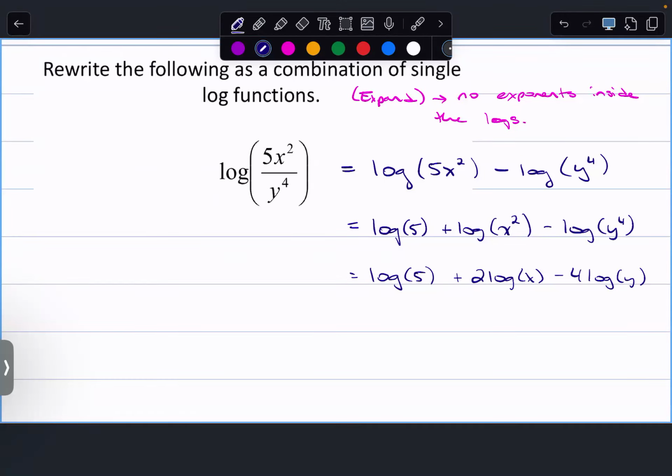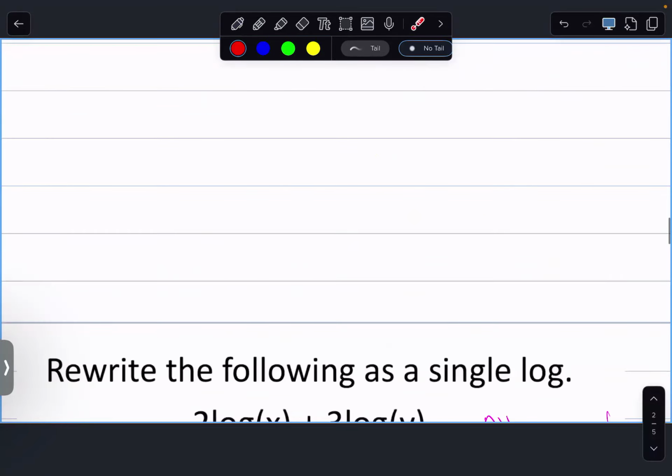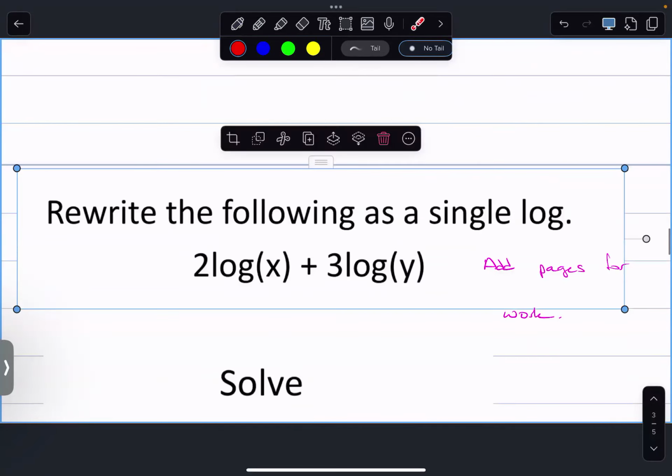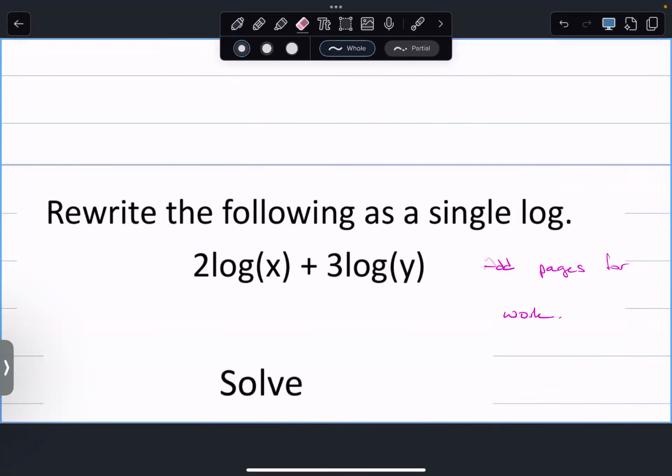So we're going to need to be able to move. Usually we try to simplify things and zip it up into a single log, but it is really useful to be able to move this way as well, right? Just using these log laws. I'm going to erase this here.